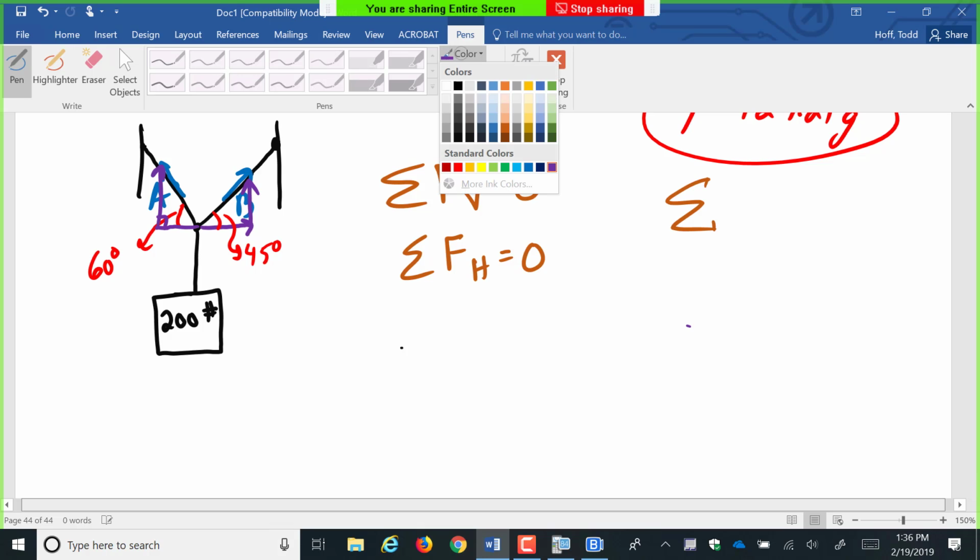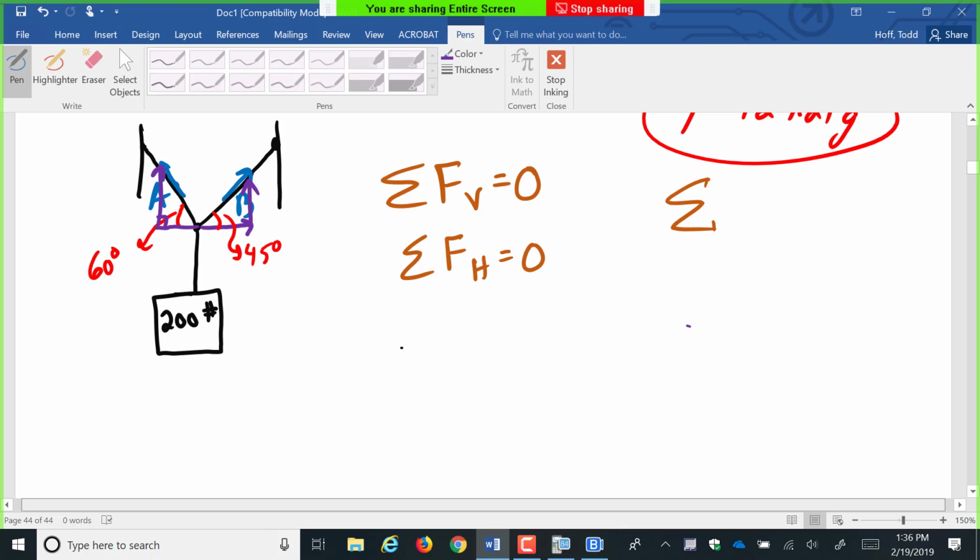What that tells me is that the horizontal component of force B, which I'm going to label B with a little x, is equal to the magnitude of B times the cosine of 45 degrees.